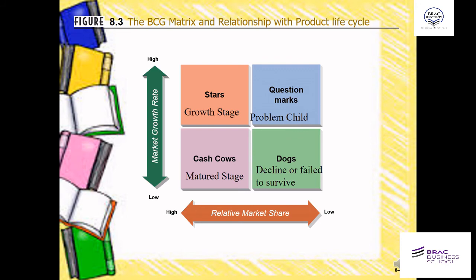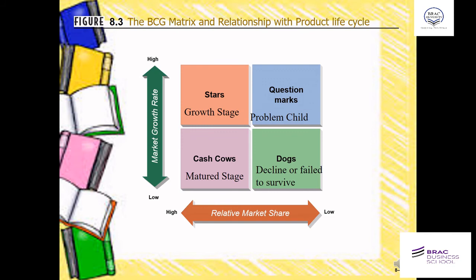Then move on to the grids on the other side, that is, question mark and dog. First of all, question mark. Question mark indicates there is a question. Here the business has the growth opportunity, or it is growing, but the market share is not growing in that way. While we are expanding the business, we expect that market share will also increase, but the businesses in question marks don't have that amount of increase in market share.